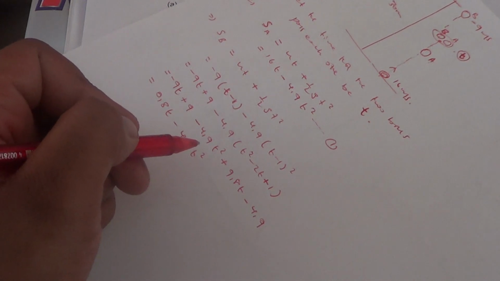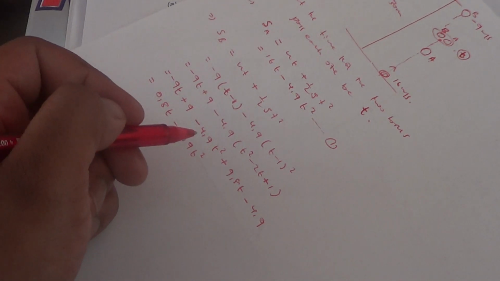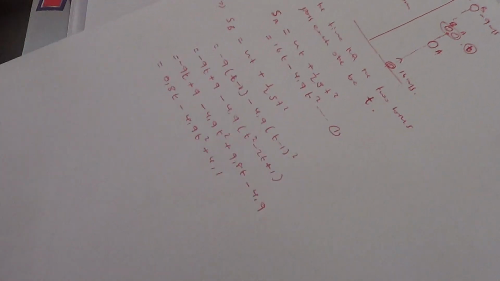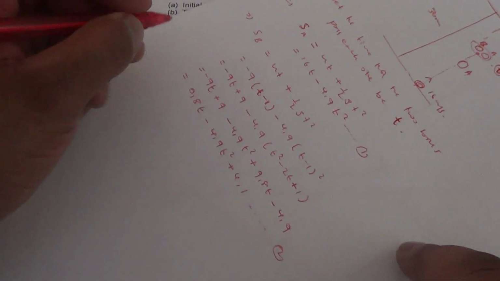Let's check. It's 4.1, I think. 9 minus 4.9. Yes, it's 4.1. So it's plus 4.1. And then here we don't want to move any further. We can call this one equation 2. So this is a bit extensive.